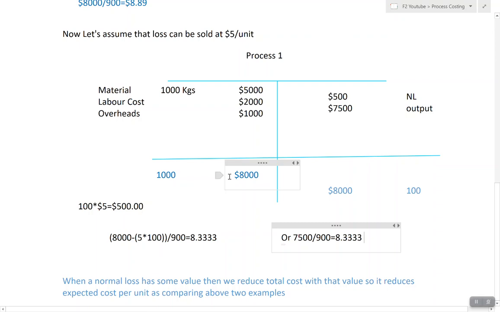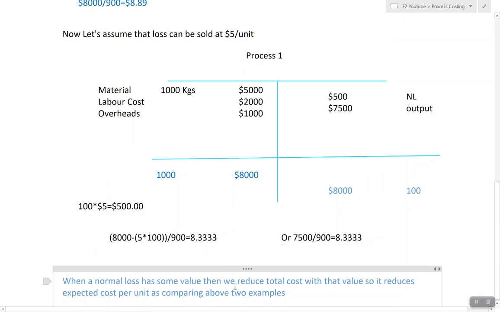Now the cost reduces a little bit because we are charging our customers the cost that we suffer, which in this case we are receiving back $5 from the normal loss. The $3 that is lost is divided on these units. So when normal loss has value, it reduces the cost of your output.